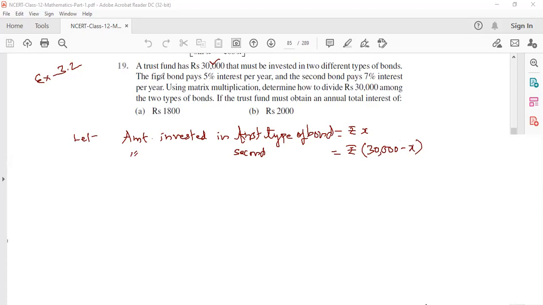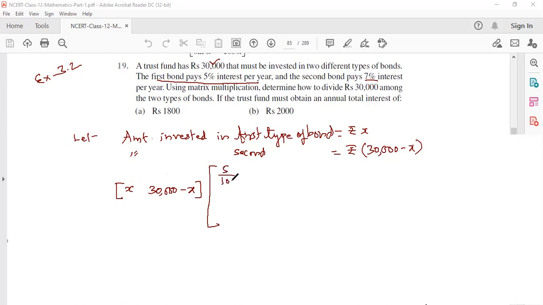And the first bond pays 5% interest per annum, and the second bond pays 7% interest. So we can write first a matrix which will show the type of bond investment: X and 30,000 minus X. This will be the row matrix, and 5 percent means 5 by 100.